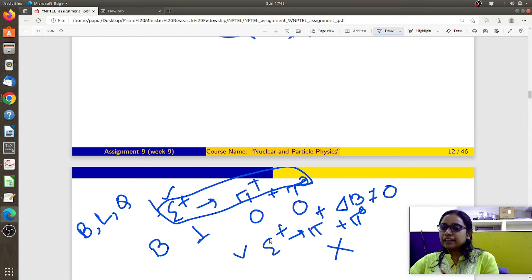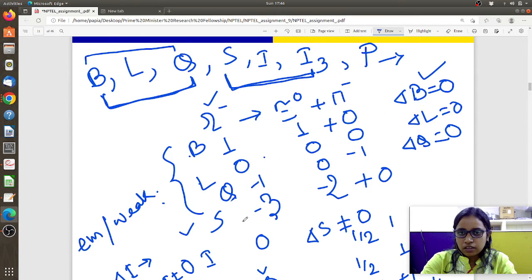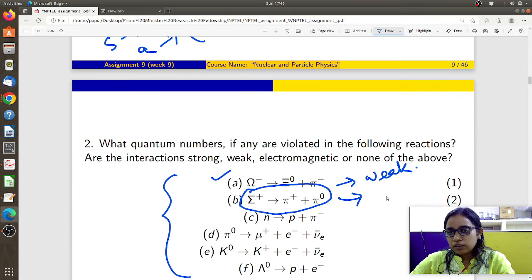And in our particle physics assumption, baryon number, lepton number and charge should be conserved in all nuclear reactions. That means the second one will not be possible. It's a very simple thing. So if I write here, it will be a cross.